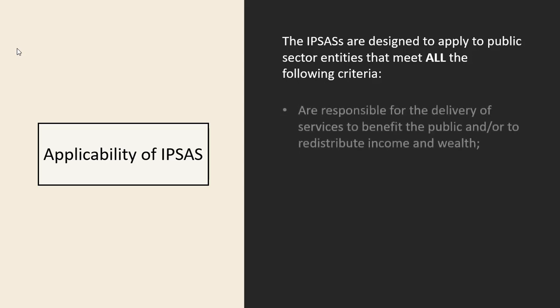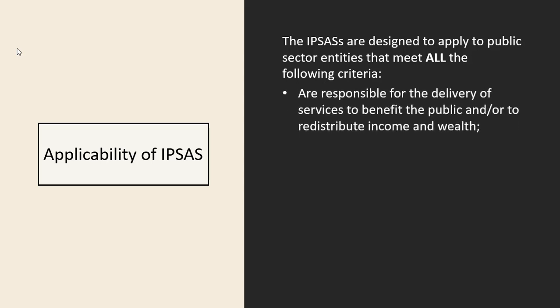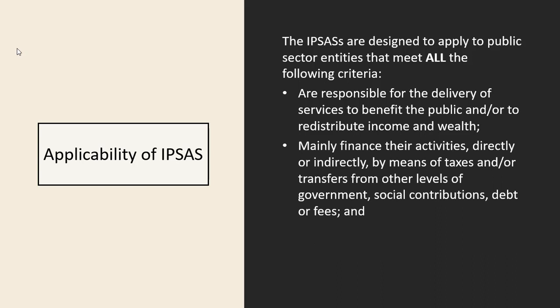So when it comes to the criteria, the things that we look at is they should be responsible for the delivery of the service to the benefit of the public or to redistribute income and wealth. So they have to meet the first one. And the second one is mainly financing their activities directly or indirectly by means of a tax or transfer from other levels of government, social contributions, debt, or fees.